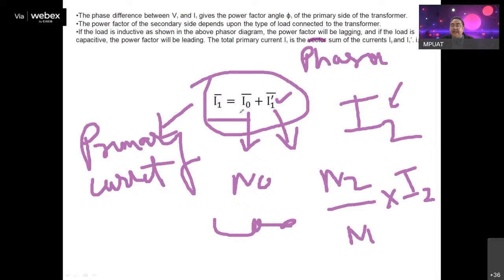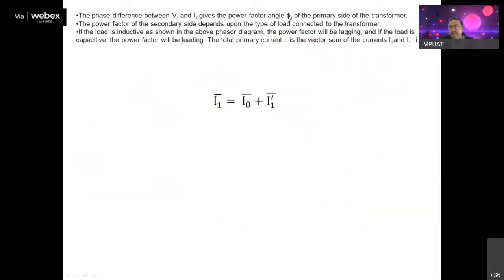They are being added phasorly to form the total primary current. So the primary current consists of two currents. Is it clear? Counterbalancing current is I1 dash. Adhikari, it is clear.